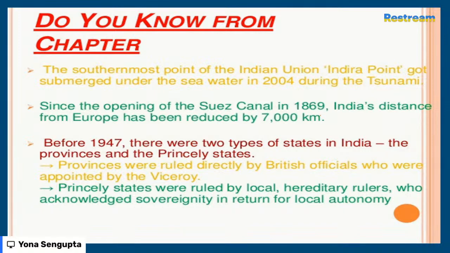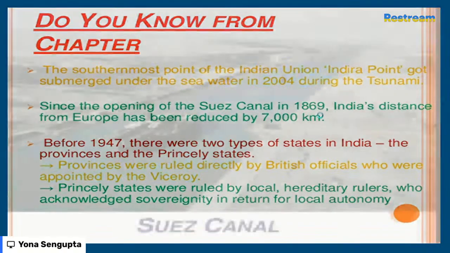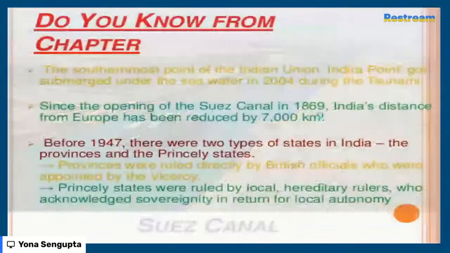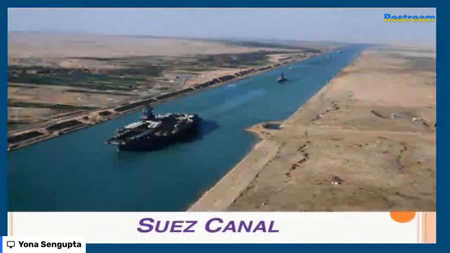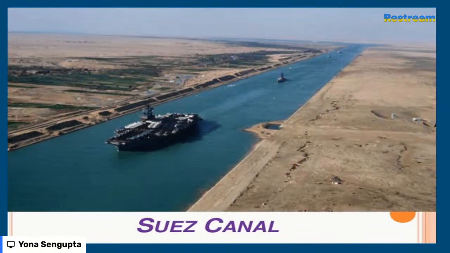The provinces were ruled directly by British officials who were appointed by the viceroy, and princely states were ruled by local hereditary rulers who acknowledged sovereignty in return for local autonomy. This is the Suez Canal, built in 1869, which reduced India's distance from Europe by 7,000 kilometers.